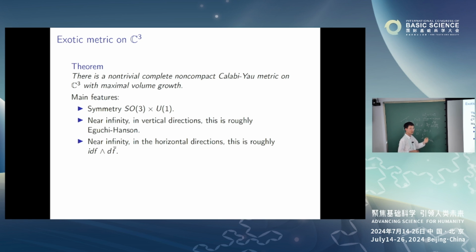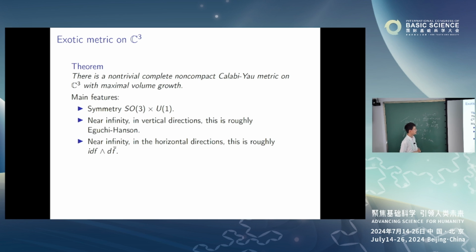Now, the main feature of this metric is that, first of all, it has this SO(3) symmetry, which is clear. And there's a U(1), which rotates the base. It rotates the holomorphic volume form, but preserves the metric.